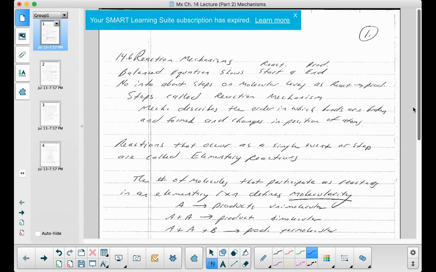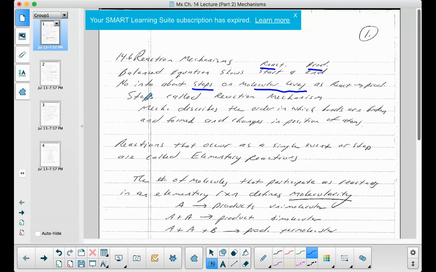So when we talk about chemical equations, typically the chemical equation shows the reactants and the products in the reaction. And there's really no information about the steps on the molecular level as the reaction proceeds to products.